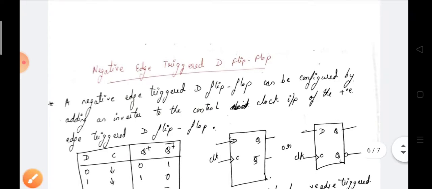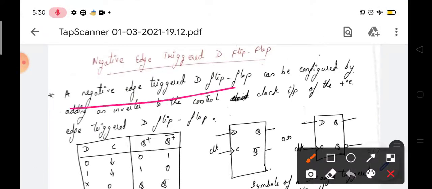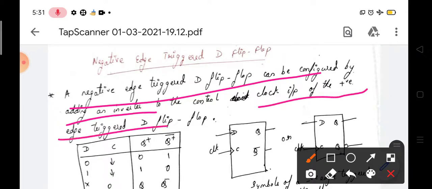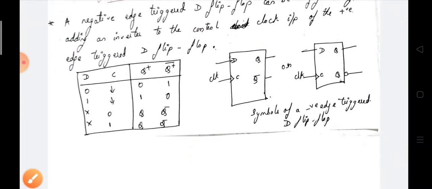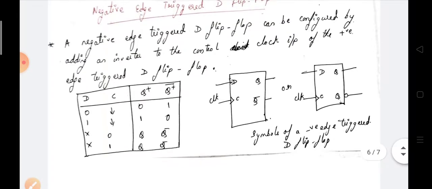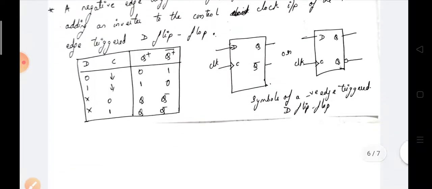A negative edge triggered D flip-flop can be configured by adding just an inverter to the clock input of the positive edge triggered D flip-flop. We are just adding a NOT gate for the control input. That would give me my negative edge triggered D flip flop. As you can see here, the representation again.